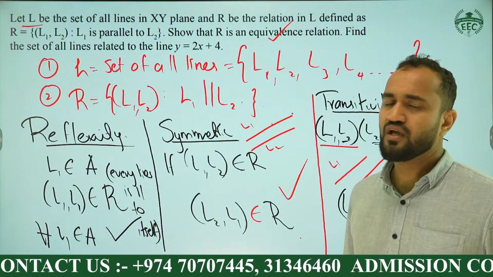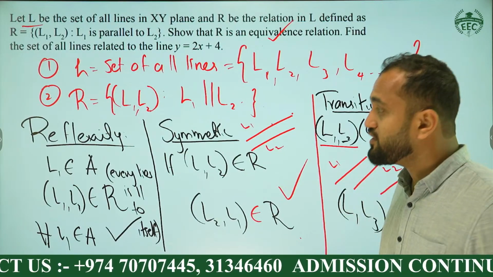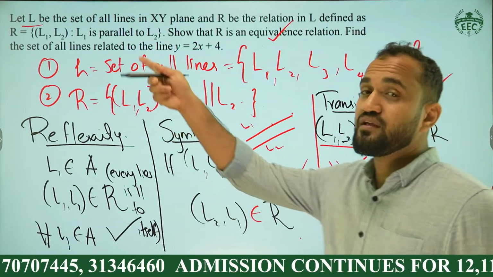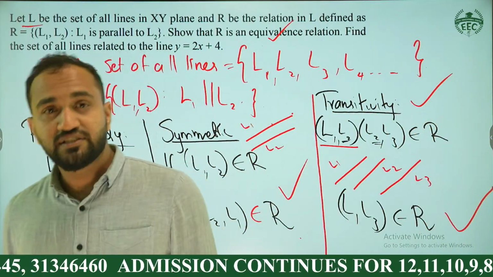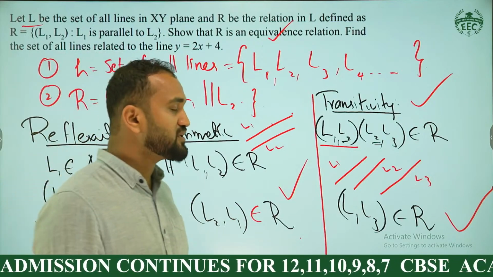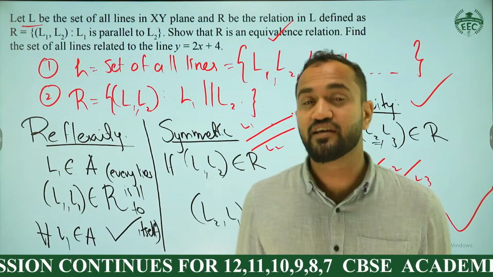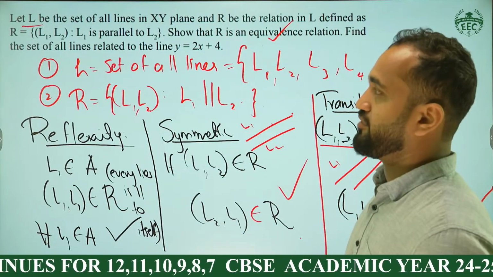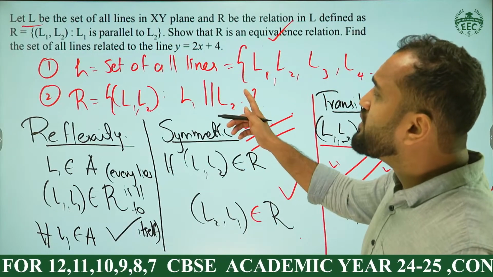No. You cannot call it equivalence if any one of the criteria is not satisfied. If the criteria of reflexivity, symmetricity, and transitivity are all satisfied, in that case I can say the relation is equivalence. Got the point? Fine. Now there is one simple part.